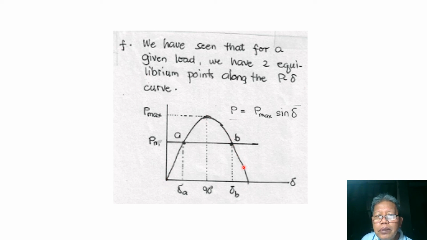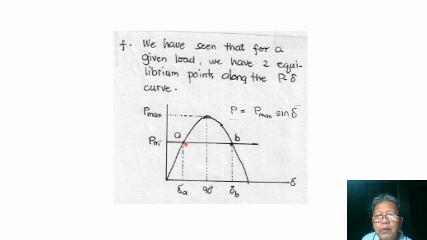This is our power angle curve given by the equation P equals Pmax sine delta. For any condition of our turbine generator, the power that can be delivered by the generator may vary along this curve.